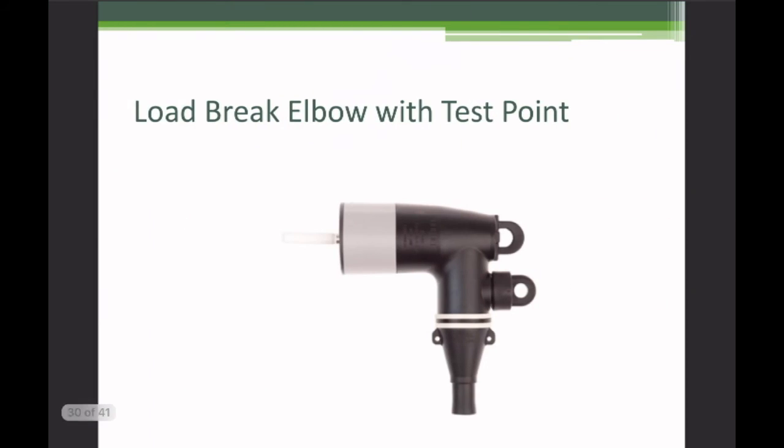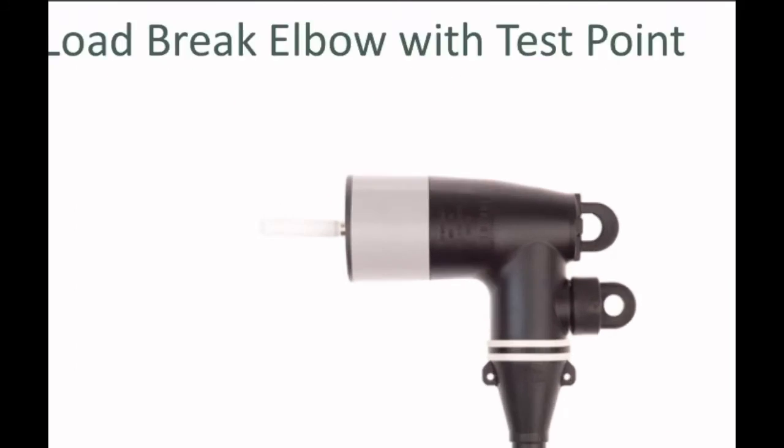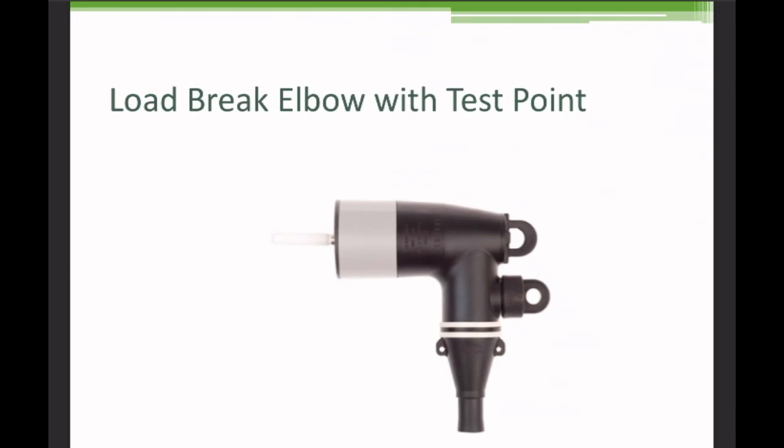So here is the magic that makes the load break elbow special. And what you have here on the tip is a ceramic insert. And this is a semiconductor. Really, it's kind of a fancy resistor.